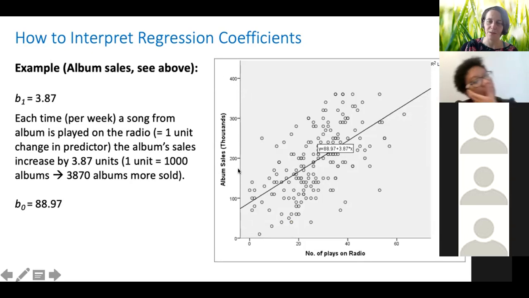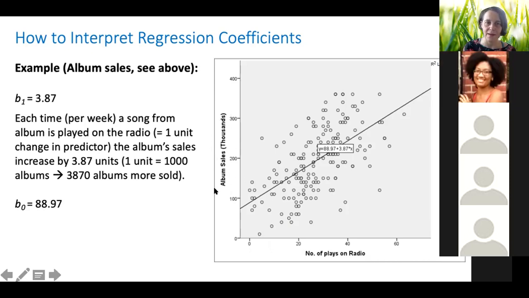So advertisement was operationalized as the number of times a song was played on the radio in a given time period, let's say a week. And the units for album sales was in thousands.